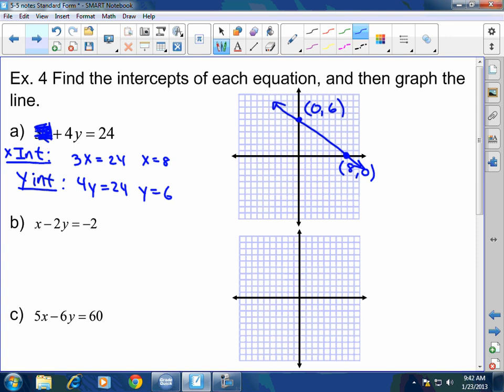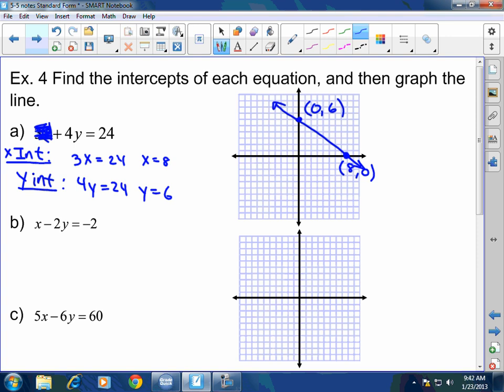You can do either way, though, right? What do you mean either way? There's only one way. Oh, yes, but sometimes it's going to be a little bit more time consuming. Regardless of whether or not you want to do this, there's going to be questions on the quiz, on the test, on SATs. It's going to say, find the x and y intercept.